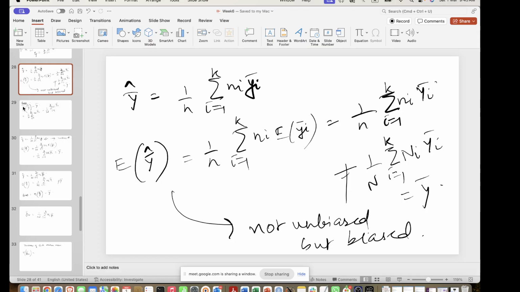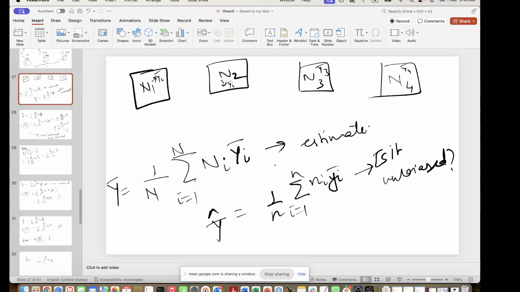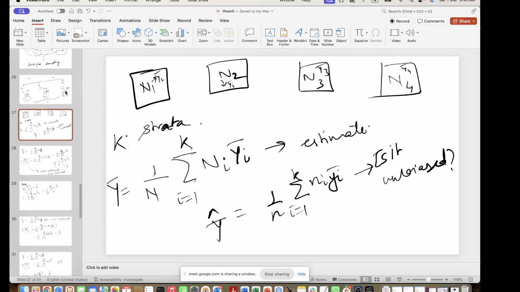I think I've made all the corrections. Here it will not be capital N, it would be capital K. Here also it will be capital K. Let us say we have K strata.